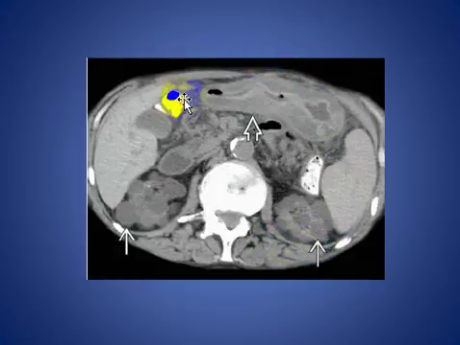And also there is thickening of the gastric wall due to gastritis induced by immunosuppressive drugs in a patient who had a renal transplant following years of dialysis therapy.